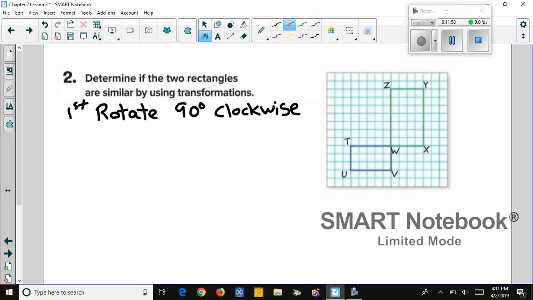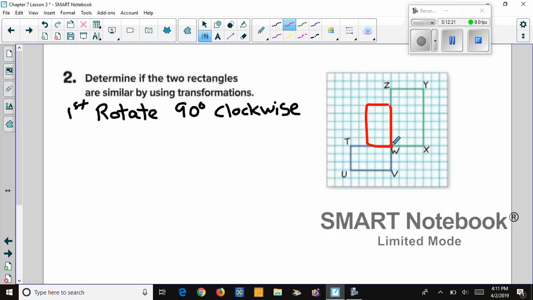And I'm actually going to put on this graph what that rotation looks like, just to show you. It would be here. So go ahead and take a look at the red and the green rectangles.